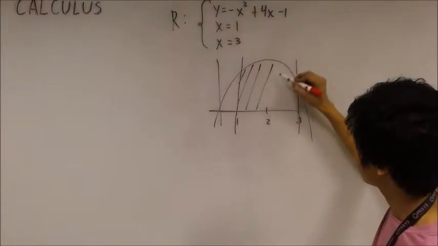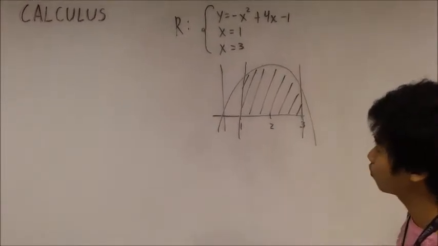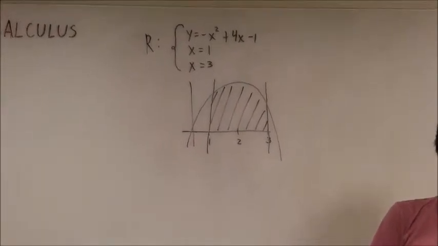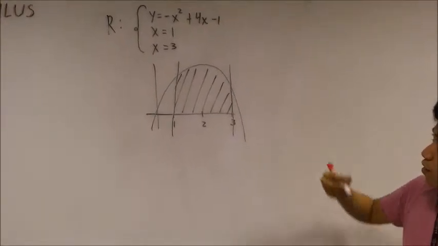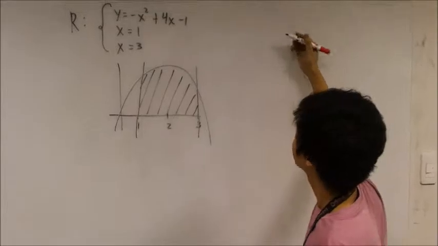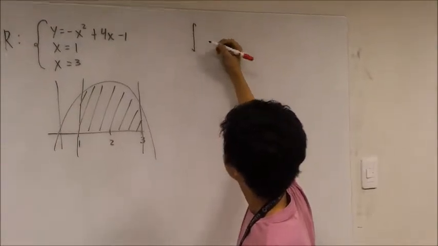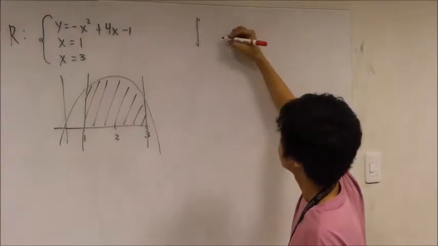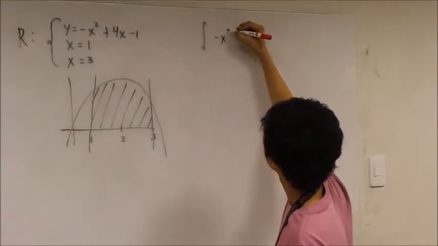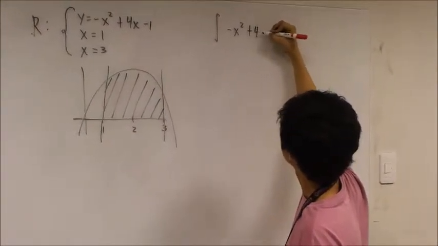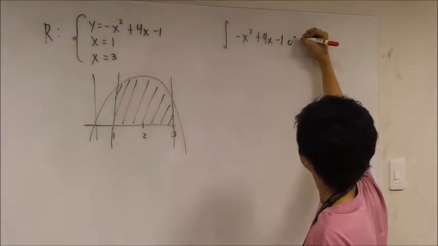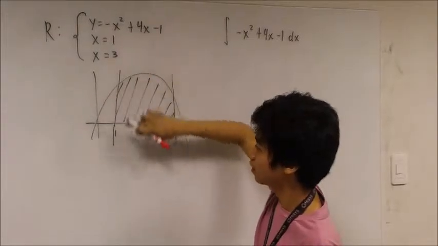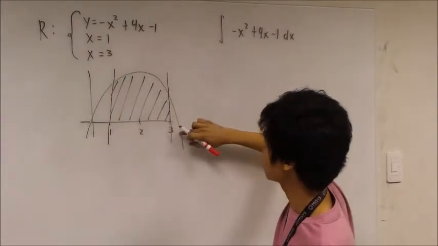Now, as we discussed earlier, we can look for the area by looking for the integral of the function. So let's do that. We will look for the integral of the curve, which is the function of negative x squared plus 4x minus 1 dx, and we know that it is bounded by x equals 1 to x equals 3.